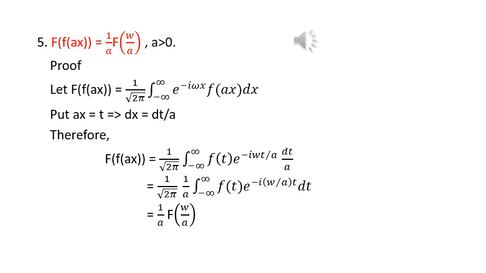So instead of x we have t, and instead of omega we have omega by a. The representation we use for the Fourier transform is either f of x or f of omega. So here we can use f of omega, and instead of omega it is omega by a. Therefore we got the answer 1 by a into f of omega by a.